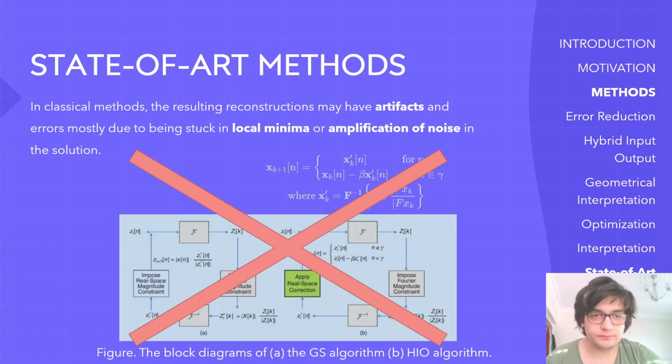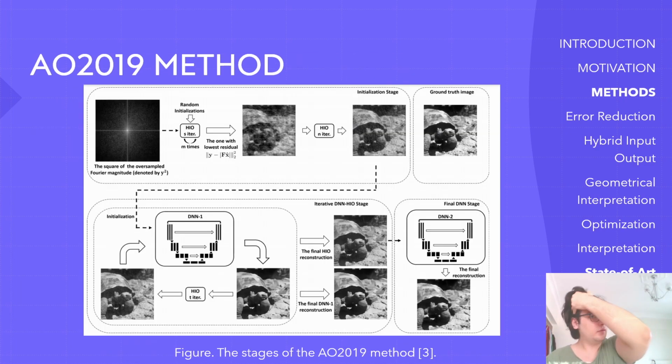So as we saw in classical methods, the resulting reconstructions are not very good. They have some artifacts, they can get stuck in local minima, and they can amplify the noise. So we should do something different. One modern method to solve the phase retrieval problem is the applied optics method. In this method, we first initialize the image by this initialization step.